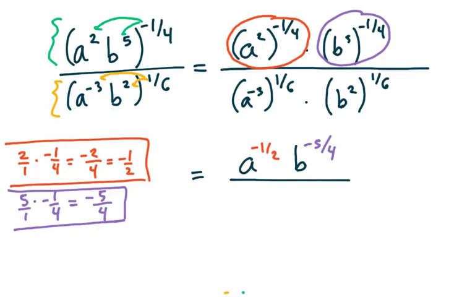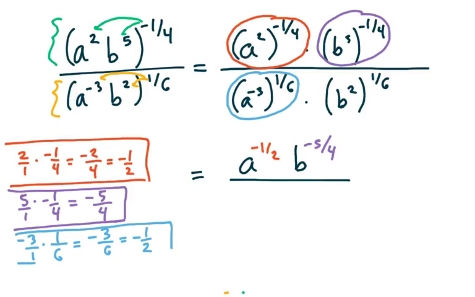So that would be the new exponent on our b term in the numerator. Let's focus now on the denominator. If we work on a to the negative 3 raised to the power of 1/6, I'm going to need to multiply negative 3 and 1 over 6. I'll write negative 3 as negative 3 over 1. Multiplying straight across, I get negative 3 over 6, or you may have cross-canceled, but either way we'll come up with negative 1/2. So this will be the new power on a when a is in the denominator.